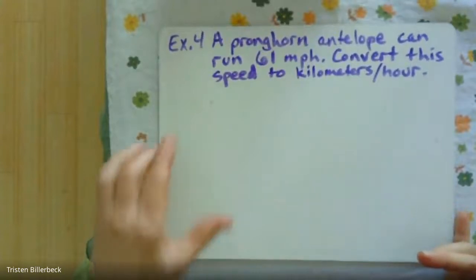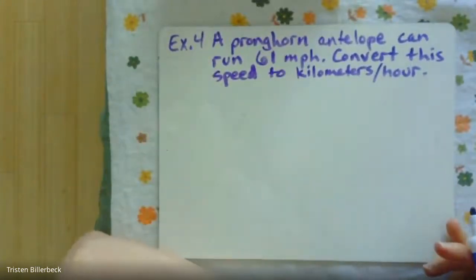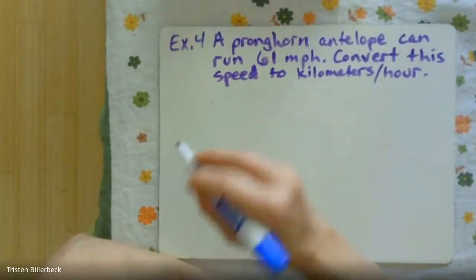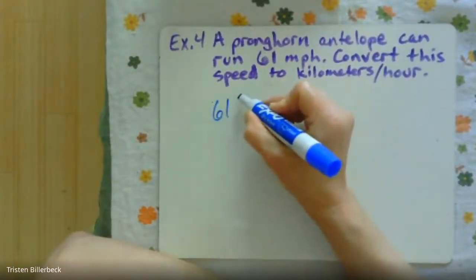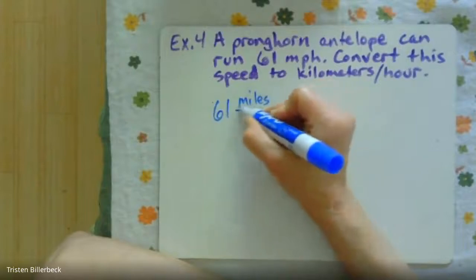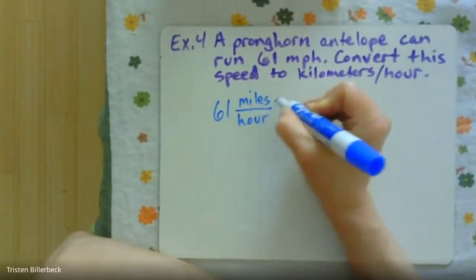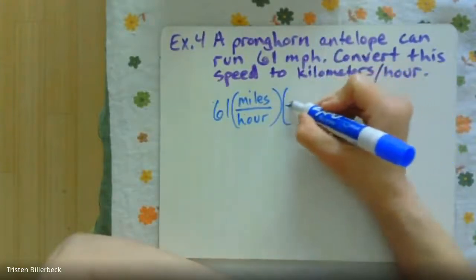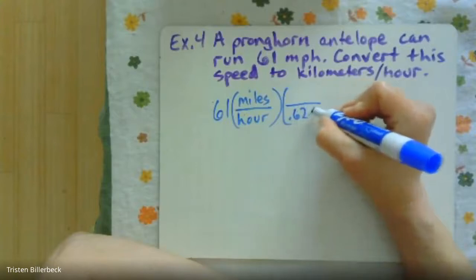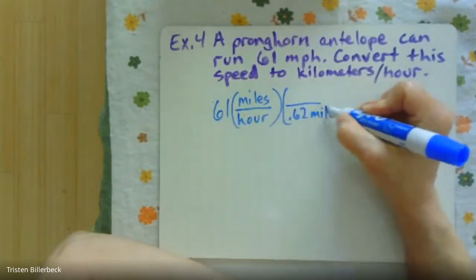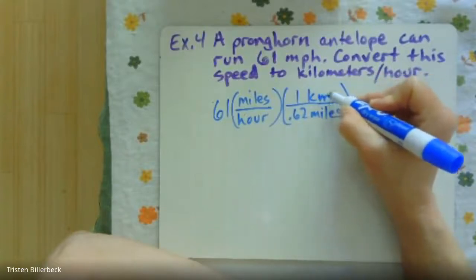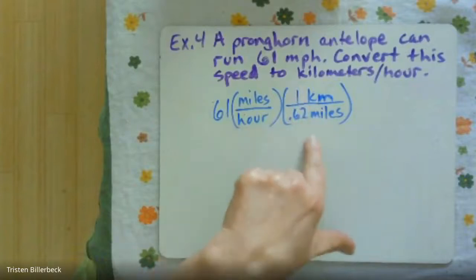Okay, so we have a pronghorn antelope can run 61 miles per hour. Convert the speed to kilometers per hour. So we have 61 miles per hour. And we know our conversion for miles was 0.62 miles per 1 kilometer, because these two things were equal.